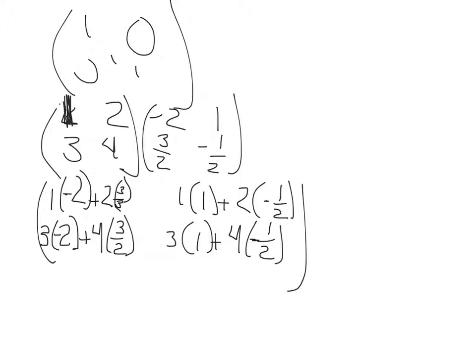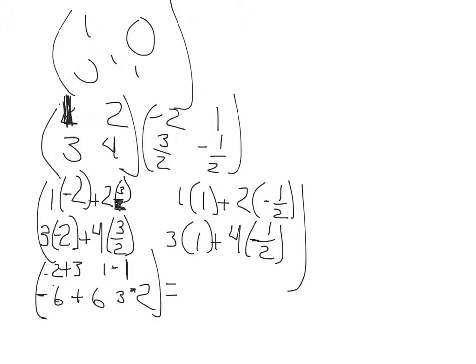Okay. That should be 3 halves. Sorry. Okay, minus 2 plus 3, and this one is 1 minus 1, and this is minus 6 plus 6, and this one is 3 minus 2.